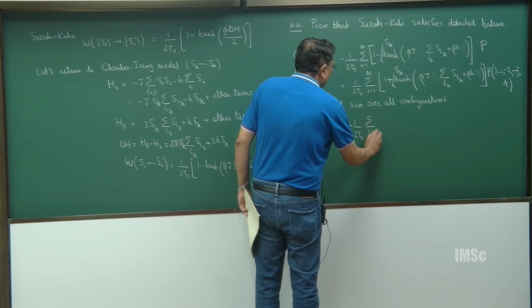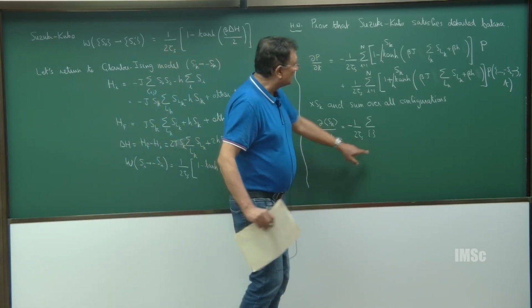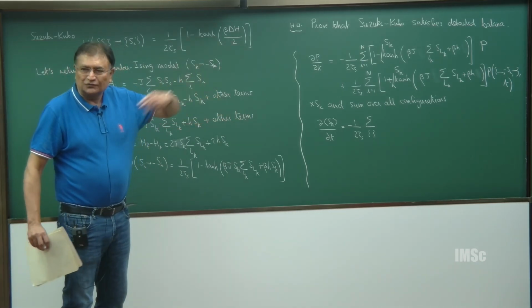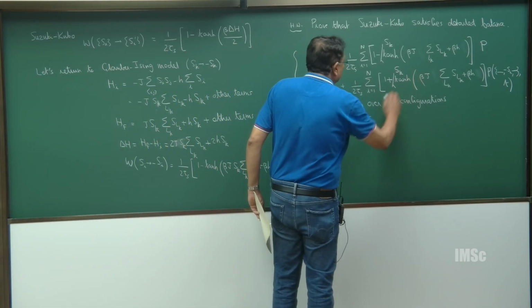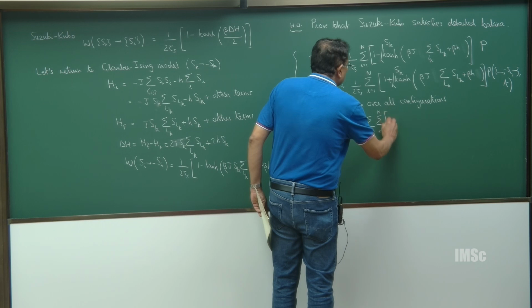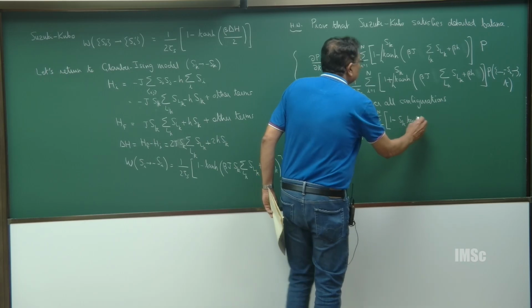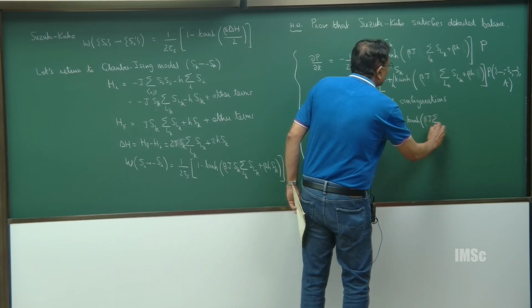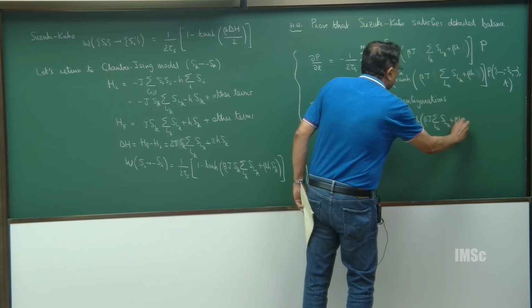sum over all configurations. Sum over all configurations means what? S_1 is summed over ±1, S_2 is summed over ±1, and so on and so forth. All the spins are summed over all possible states. Then this factor, sum i equal to 1 to n of 1 minus S_k tanh, I will only write it down for the first term, sum over L_k S_L_k plus beta h.